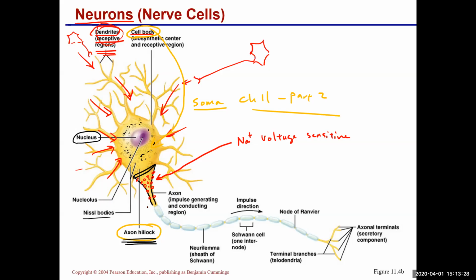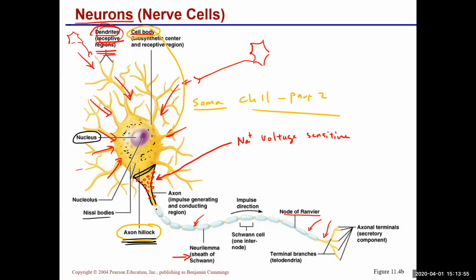Then you have a long axon. Most of the axons are covered, but if you look between the Schwann cells, you might be able to see the axon here, also axon here, also axon here. Sometimes it's between the myelinated sheets known as Schwann cells, or sheets of Schwann, and it's called the nodes of Ranvier.